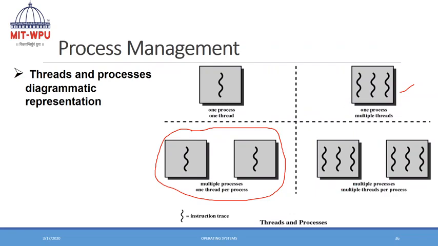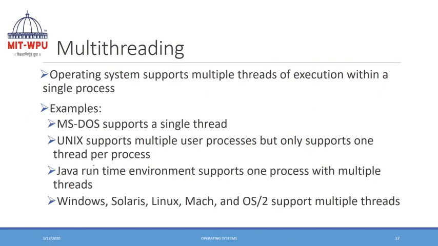Nowadays, whatever operating systems we are using, like Windows, Linux, Mac OS, all these operating systems support multiple processes with multiple threads. So, an example for each and every case. For the first case, that is one process with one thread, the example is MS-DOS, Microsoft DOS operating system. It can execute only a single process at a time.